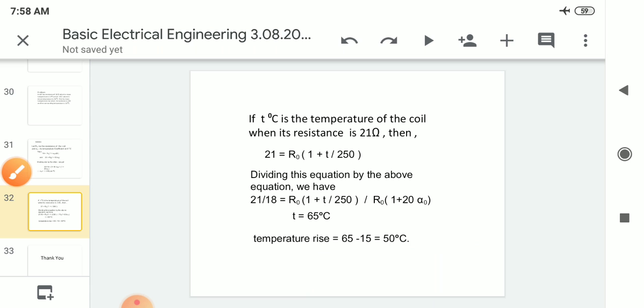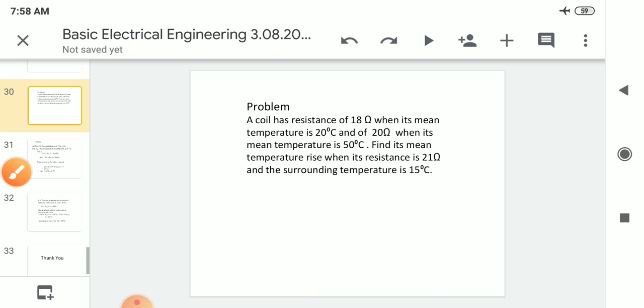This problem is very simple. We just write the equation. What is the equation framing? RT is equal to R naught into 1 plus alpha naught T. Like that, R2 also has the same equation.